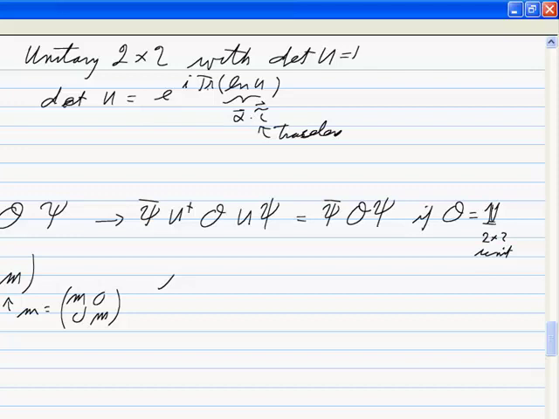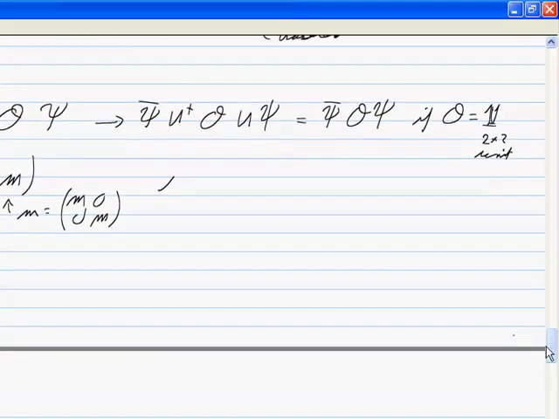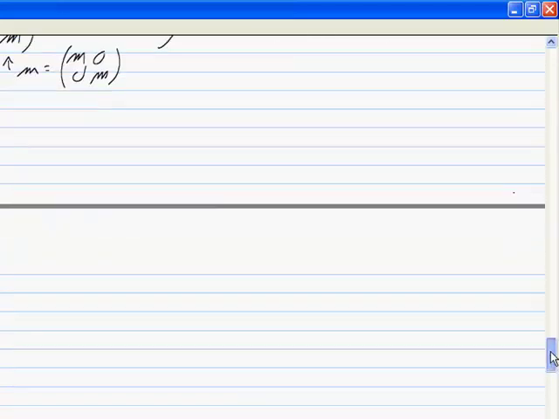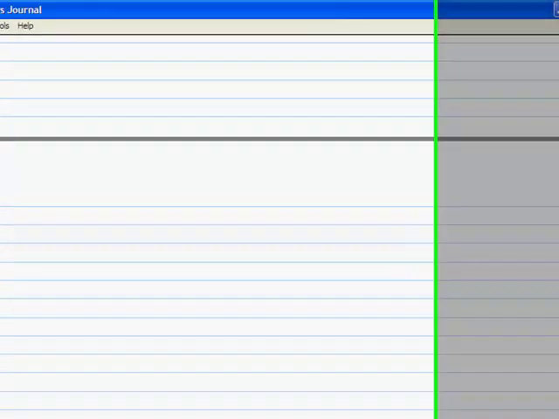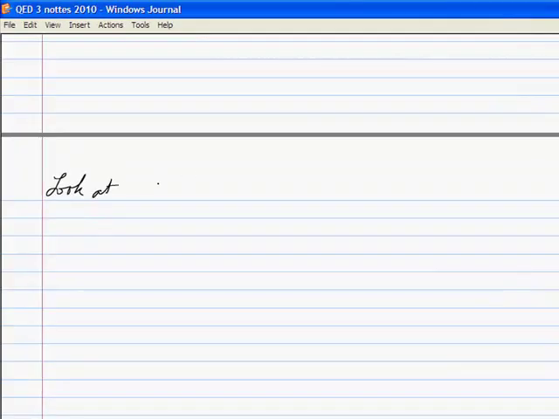More interesting is some things, well, let me go through one that's not an invariant for the moment. Let's look at a particular one, psi bar tau i psi.